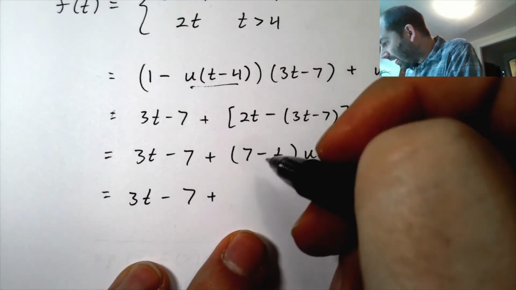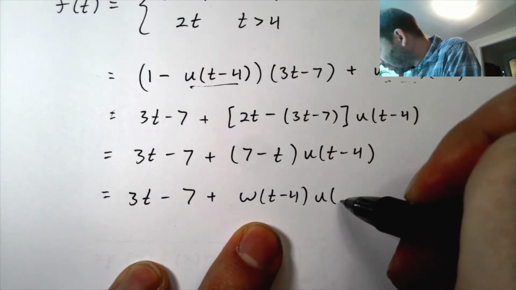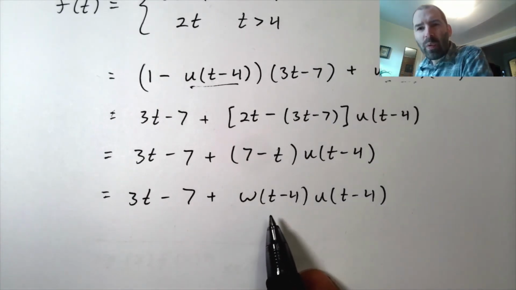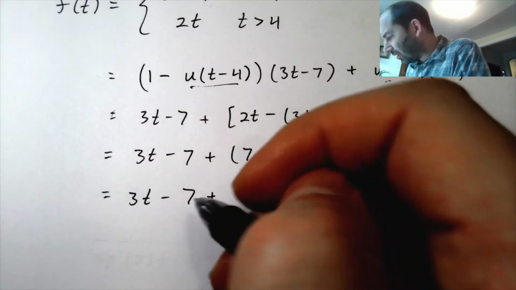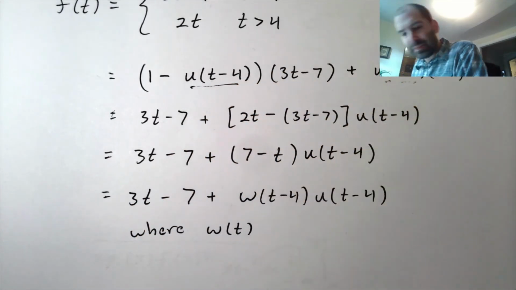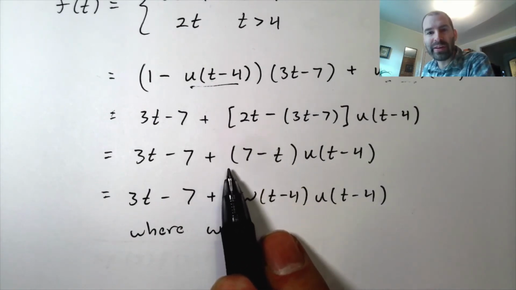This thing is w of t minus 4 times u of t minus 4, where w is what function? Well, that's the function that I would get if I plugged t plus 4 into this.